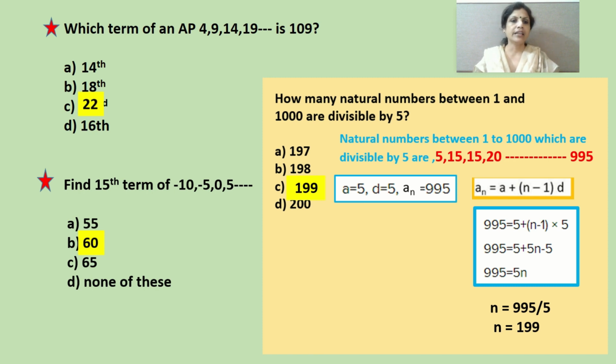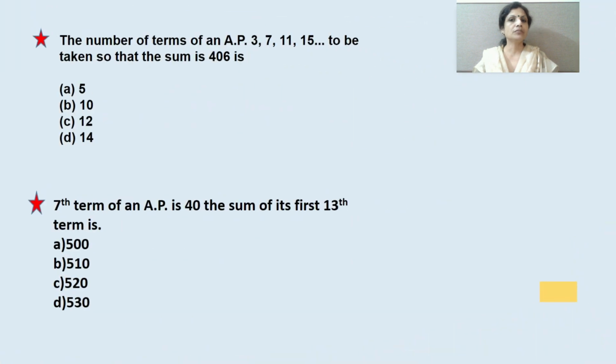Then the next: the number of terms of the AP 3, 7, 11, 15 to be taken so that the sum is 406. How many terms of this AP will you take so that the sum of the terms in that AP comes to 406? How will you solve it?